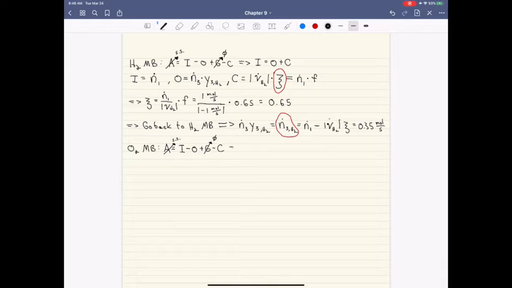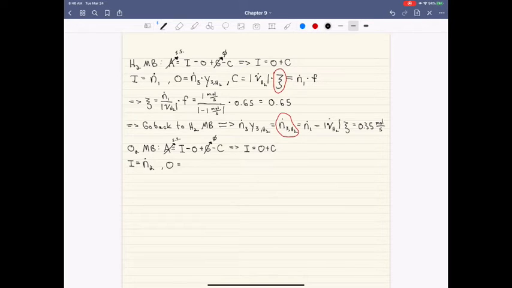Alright. So once again, similar to the hydrogen material balance, our oxygen material balance is that the input is equal to the output plus the consumption. Okay? As far as what each of those terms are, the input is just equal to the molar flow rate of stream 2.